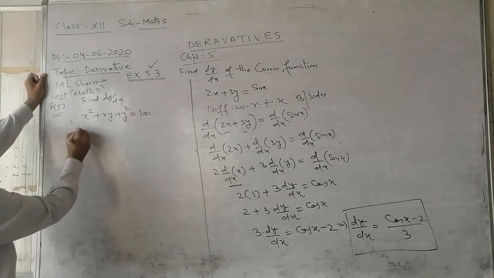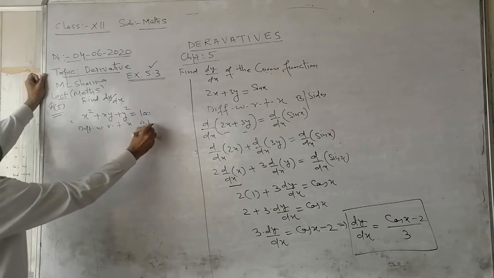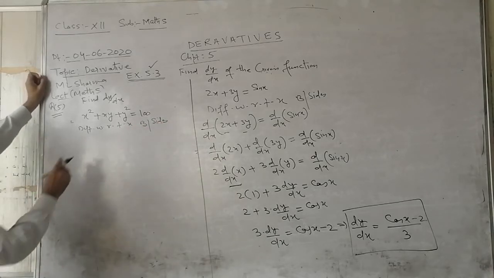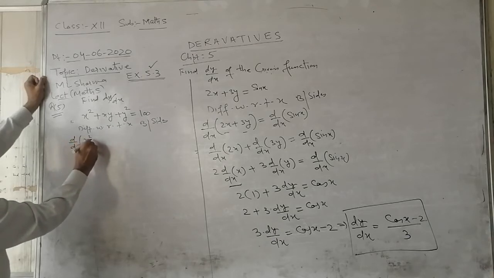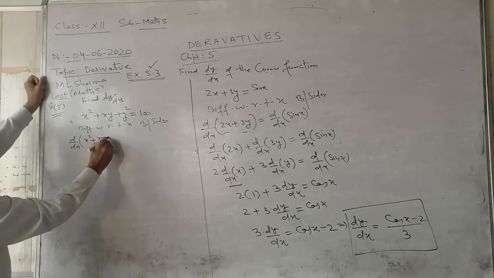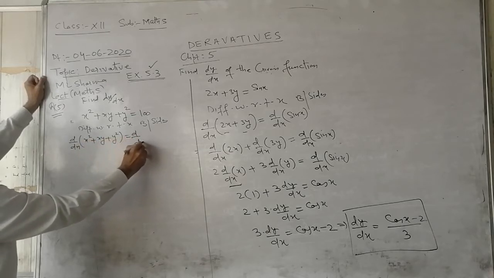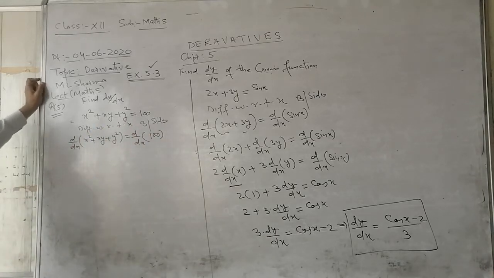So again differentiate with respect to x both sides. I can write d upon dx of x square plus xy plus y square equal to d upon dx of 100, which is a constant.